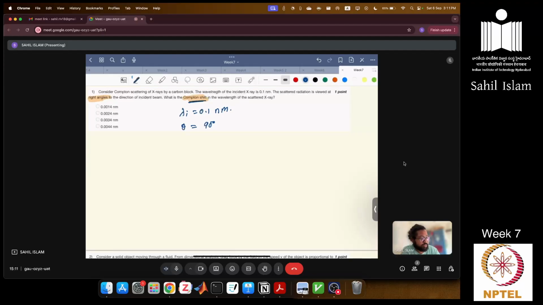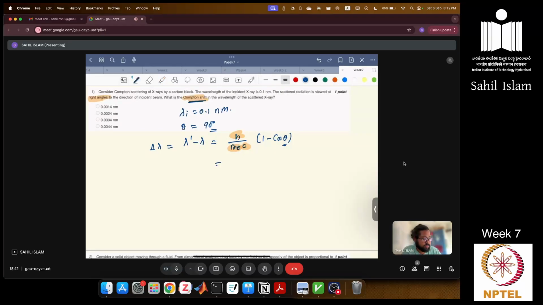So the Compton shift is calculated by lambda prime minus lambda, whatever is scattered minus whatever is incident, and it is given by h by m_e c times (1 minus cos theta). This theta is the same angle as we viewed. h is the Planck's constant, m_e is the mass of the electron, and c is the speed of light.